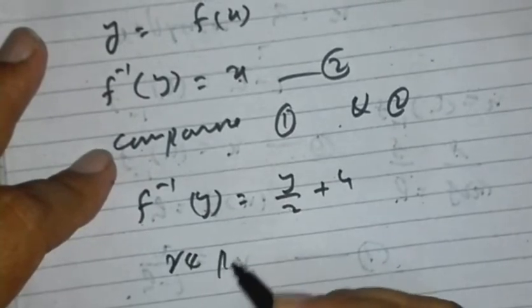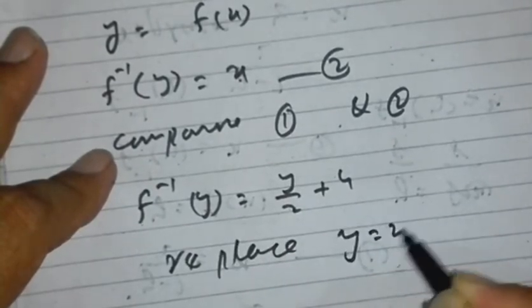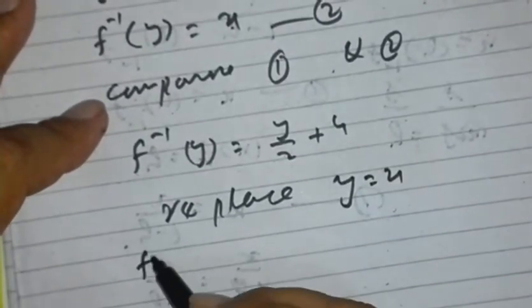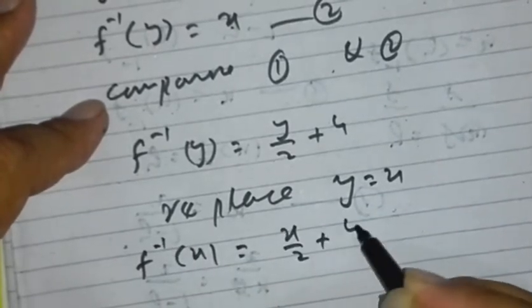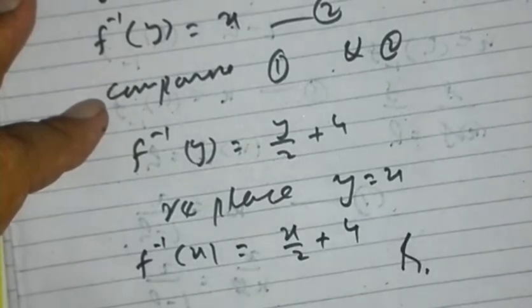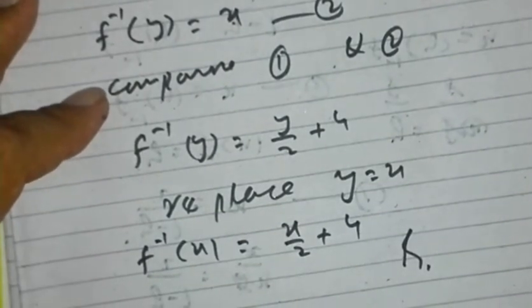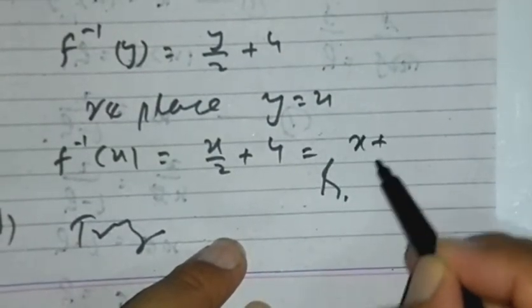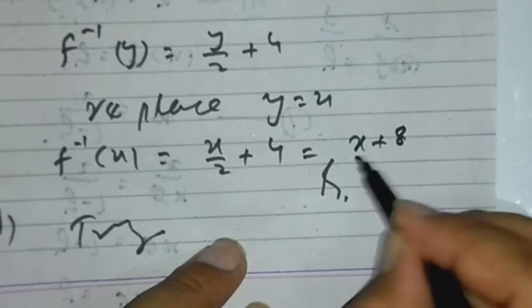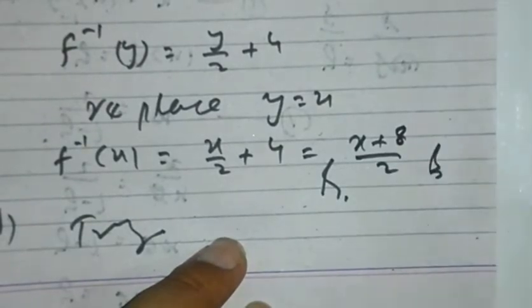Replace y with x, so we get f inverse of x equals x by 2 plus 4. This is the answer. Part D, try by yourself. We can also write it like this: x plus 2 times 4 is 8, by 2. This is also the answer.